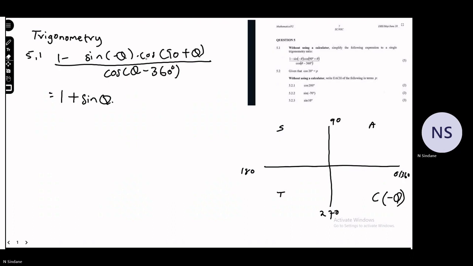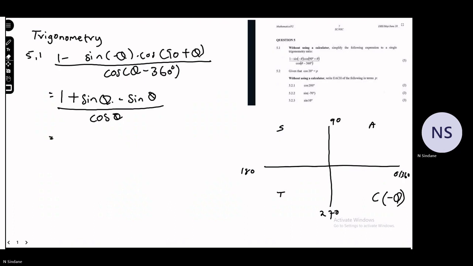Multiply by cos of 90 plus theta, this is a co-ratio which will give us a negative sine of theta. All over cos of theta minus 360, this gives you cos of theta, right?